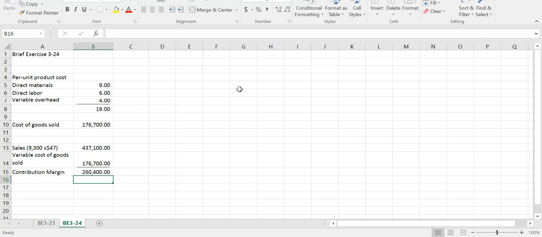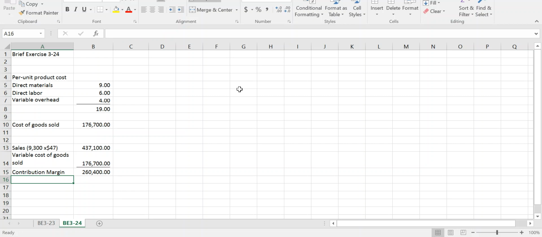So our contribution margin here is $260,400. If we happened to have a variable selling or an administrative expense, we would include that right below variable cost of goods sold before getting to our contribution margin.